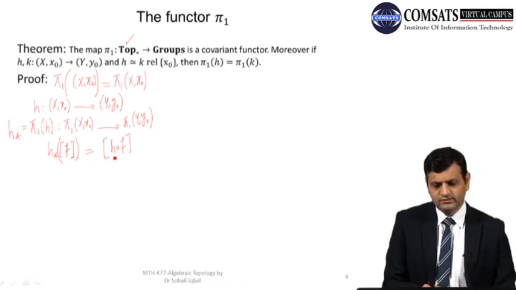Let's first concentrate on h composition f. Why is this a loop which is based at y0?